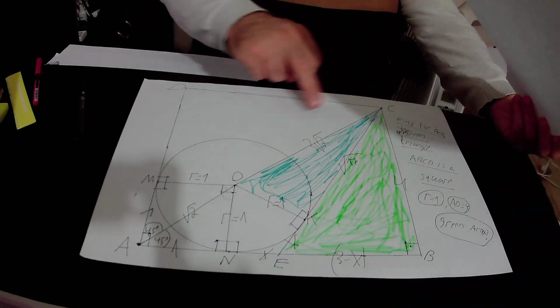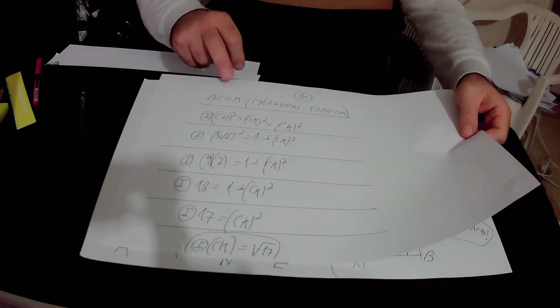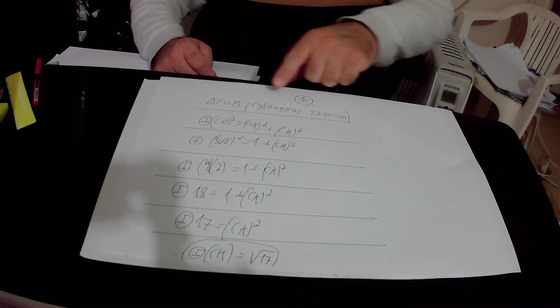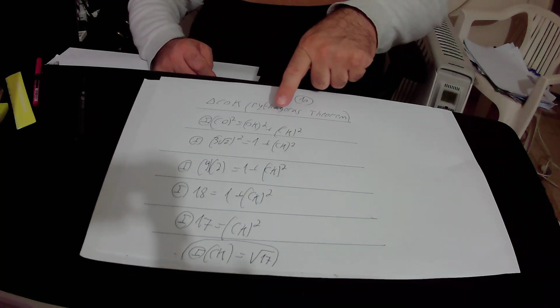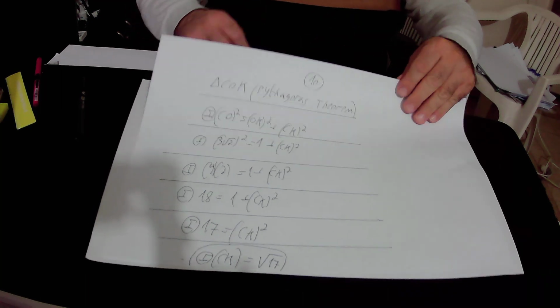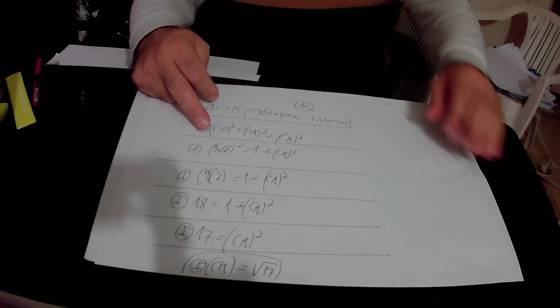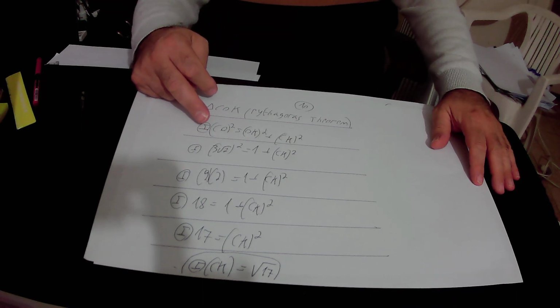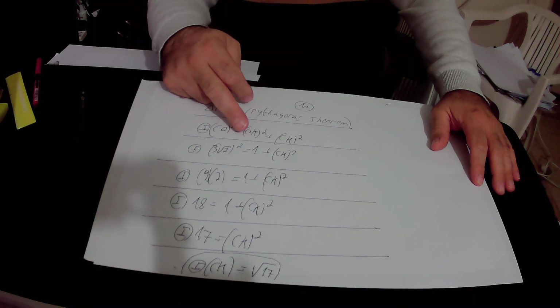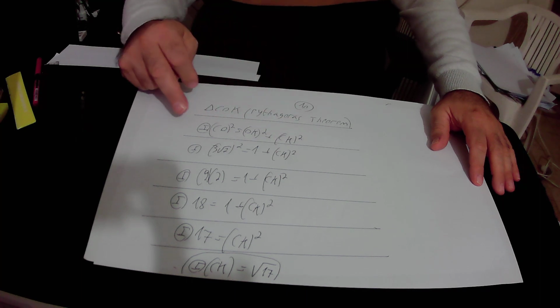The hypotenuse is CO, therefore CO square equals OK square plus CK square. We have already found out that CO equals 3 times square root of 2 units, therefore CO square will be equal to 3 times square root of 2, squared. KO equals 1, so KO square is 1 square, which is 1, plus CK square.